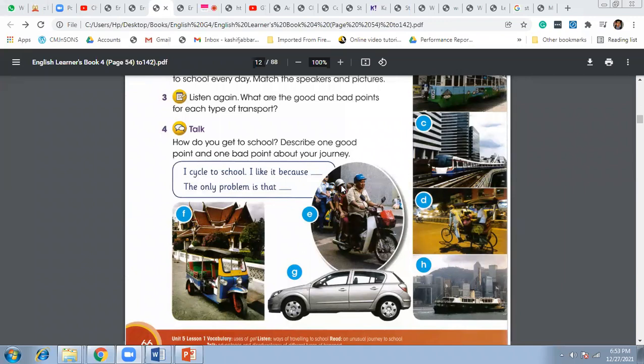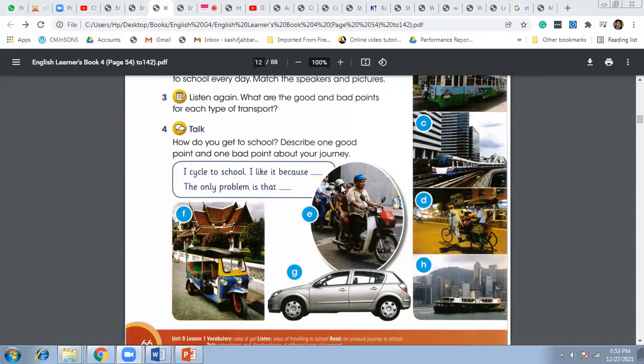Which of these transports have you used in your life? Have you sat in a tuk-tuk, the motorbike, the ferry, the tram? Car, teacher. Only car?